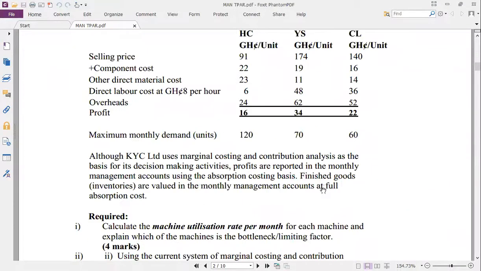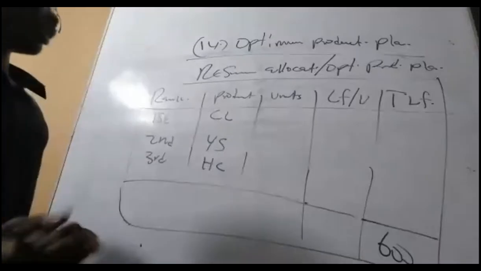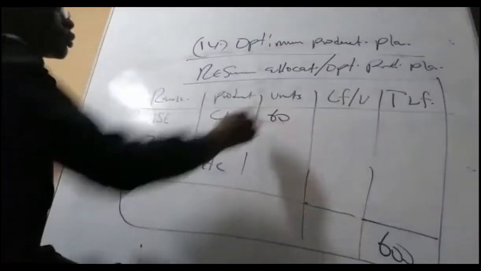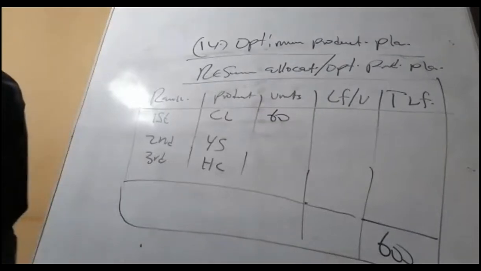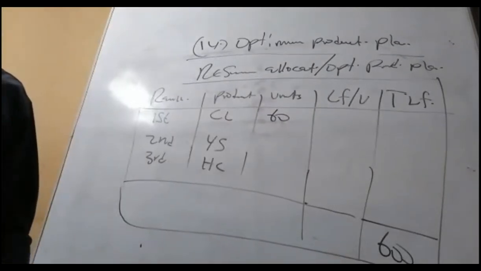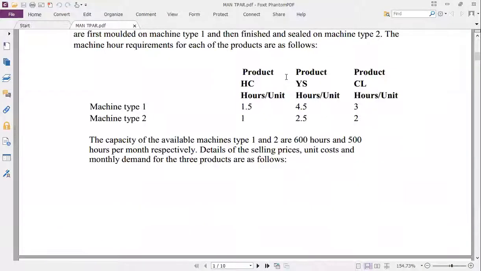The demand for CL happened to be 60. So let's write the demand for CL, 60. Let's go and pick the limiting factors, all of them at a go: 1.5, 4.5, and 3.